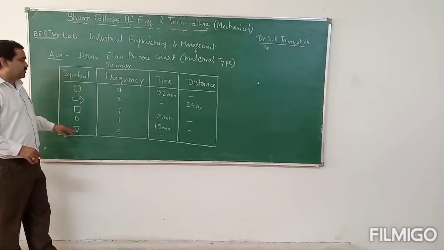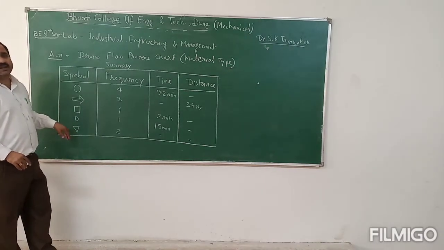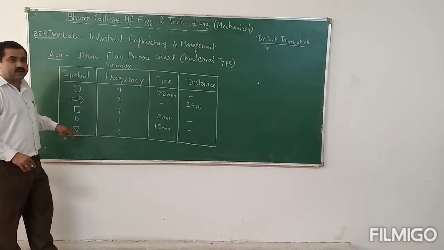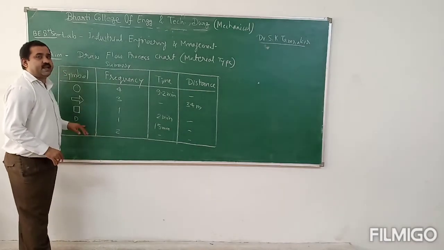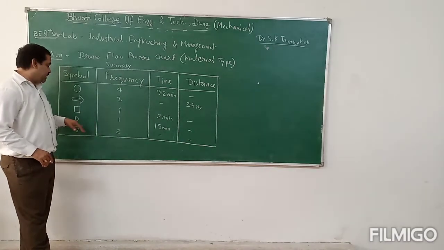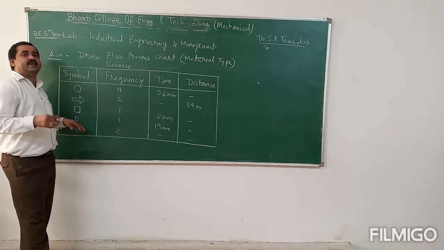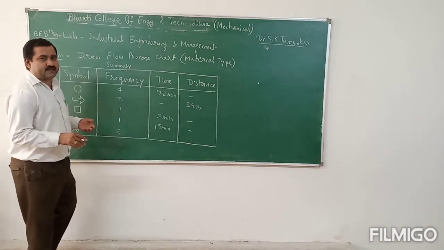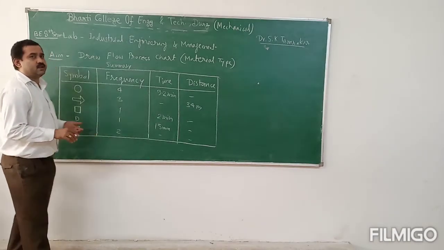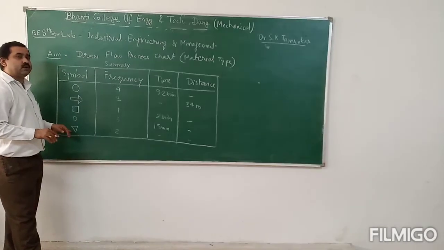Then next is stored at the starting. The part is stored in the raw material yard or anywhere, and then that is shifted to the machine from the store, and at the last the finished product is stored in the finished goods store.